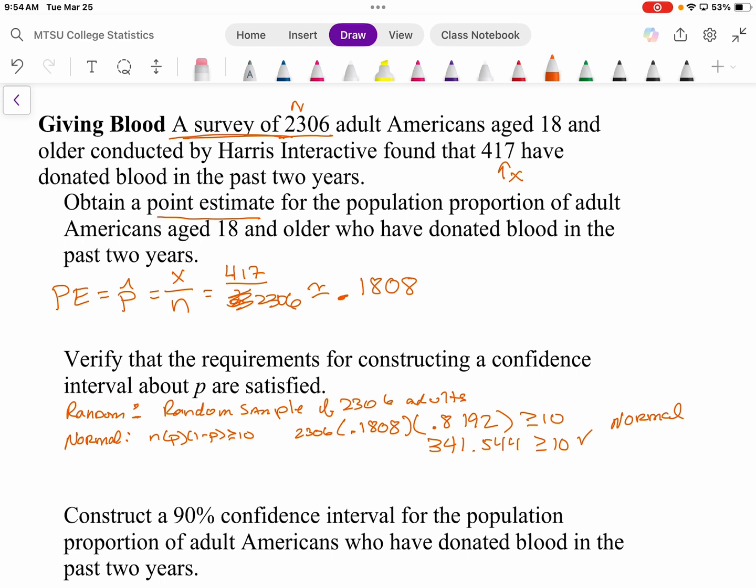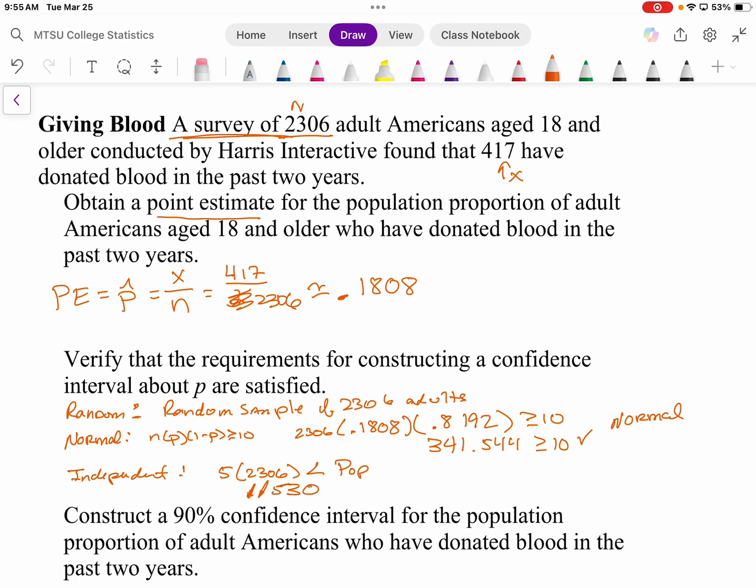Now the next thing, independent. Is 5 times 2306 less than the population? Well, let's look at it. 5 times 2306 is 11,530.